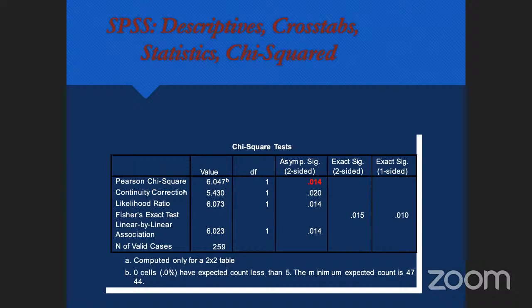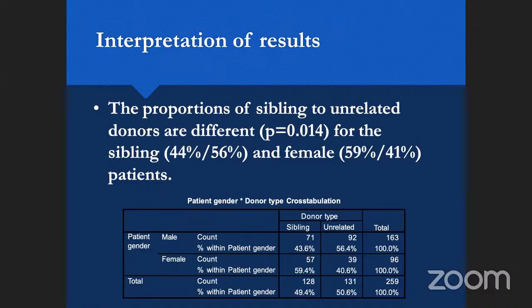This is an example of a chi-square test table conducted using the SPSS program. These results indicate that the proportion of sibling or unrelated donors is different for female patients from that of male patients.